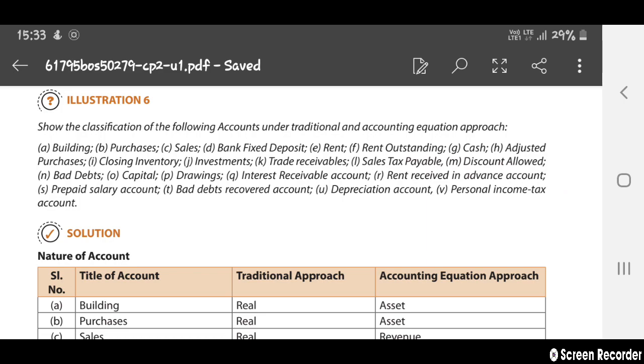From all these accounts, we have to classify which one comes under the traditional approach and which one comes under the accounting equation approach. Okay.